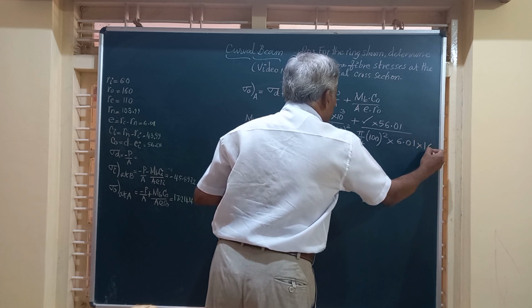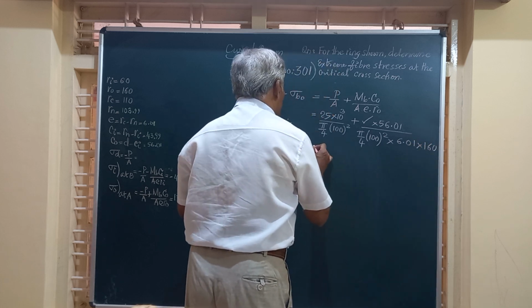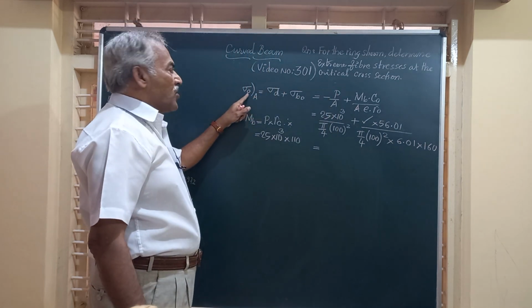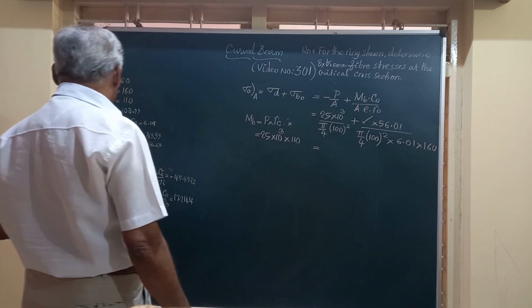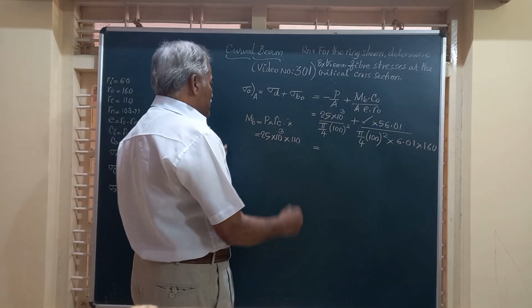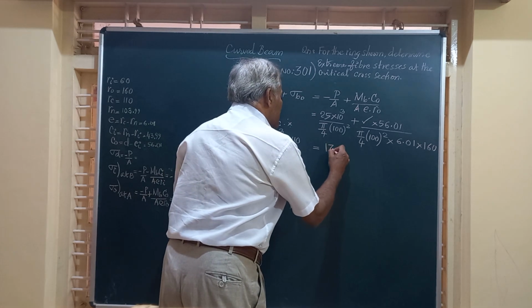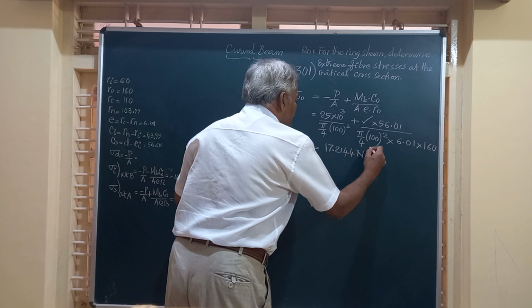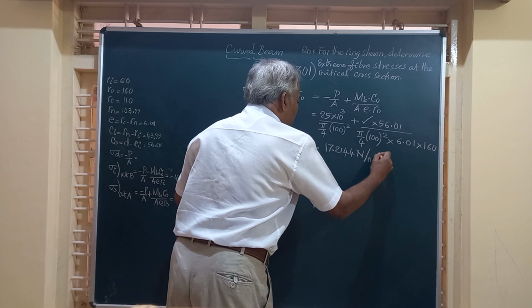R naught is 160. Friends, if you simplify this at the extreme fiber O of the curved beam, you get the value at outer fiber as 17.2144 Newton per mm square.